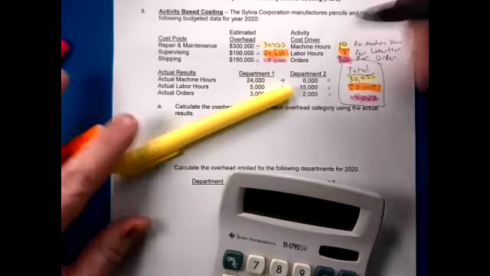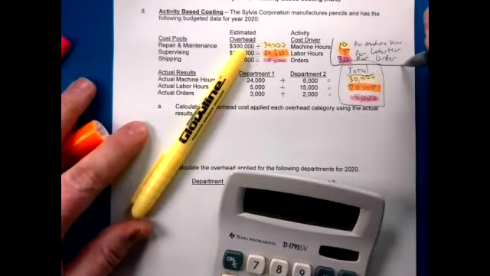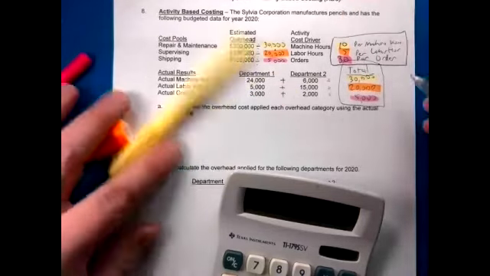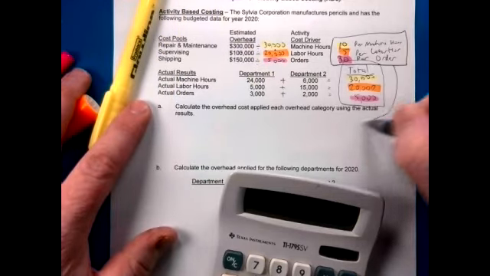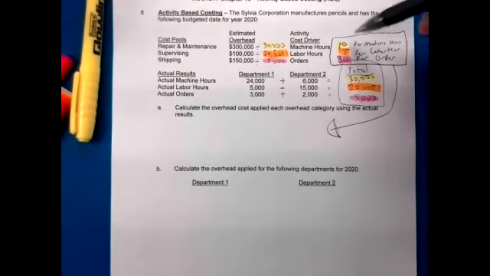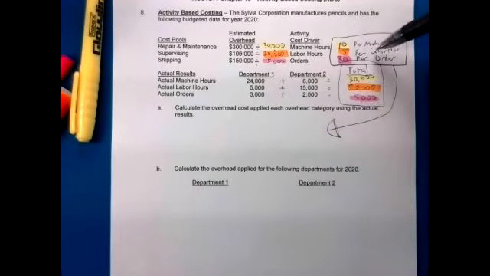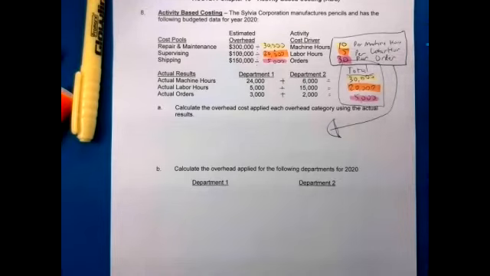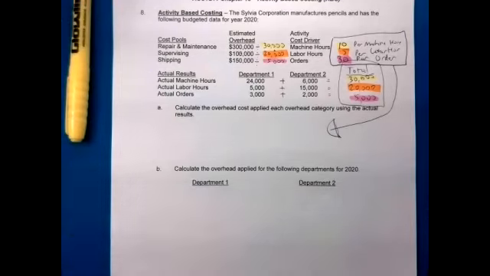And so these, I'll go here. So repair and maintenance is going to be $10 per machine hour. Supervising is going to be $5 per labor hour, and shipping is $30 per order. And that is for the 3 departments.